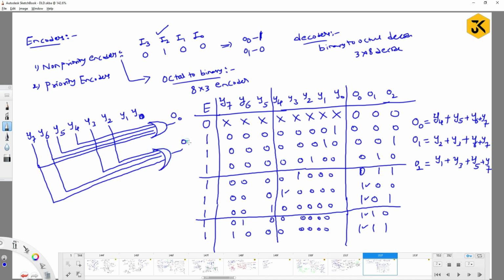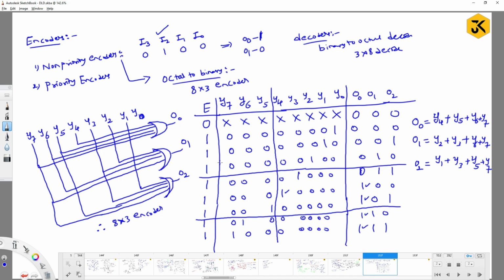Similarly, to get O2, you have Y1 or Y3 or Y5 or Y7. So this is the circuit diagram for the 8x3 encoder, octal to binary conversion.